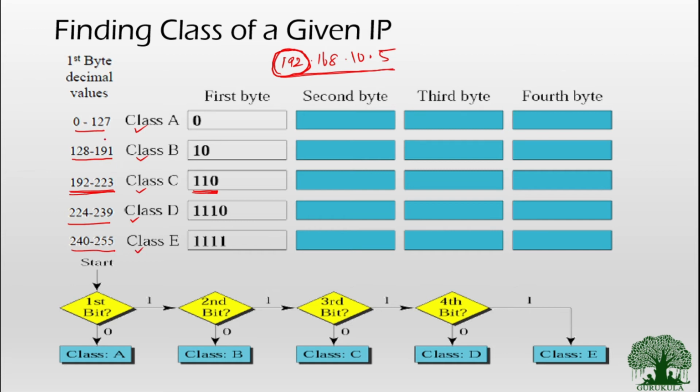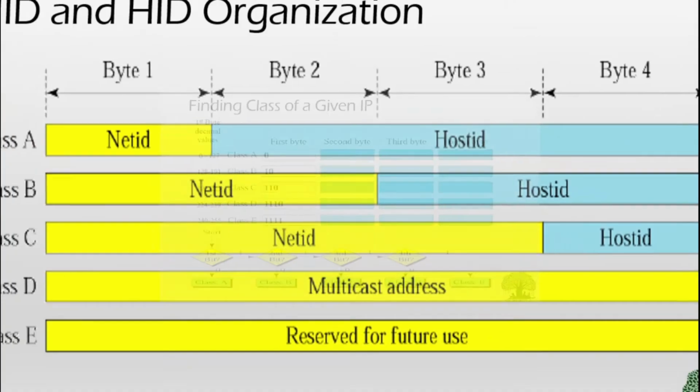And if it is given in binary, you can check for this particular condition and map it to the corresponding class of address. Now this exercise will help you identify, given an IP address, what the class of that IP address is. You can easily find that out.